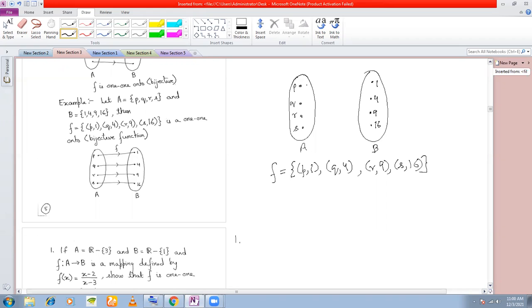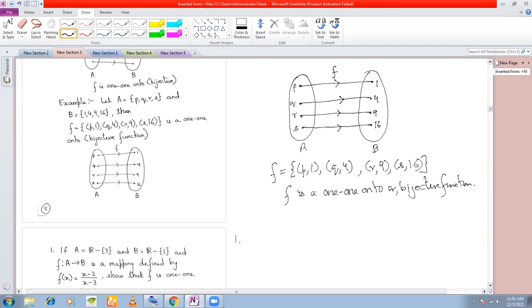Then if you see, P is mapped to a single element, 1, by the relation F. Q is mapped again to a single element. R is mapped to a single element. S is also mapped to a single, unique element. So therefore, this is a one-to-one onto function. F is a one-to-one onto or bijective function, or simply we say F is a bijection.